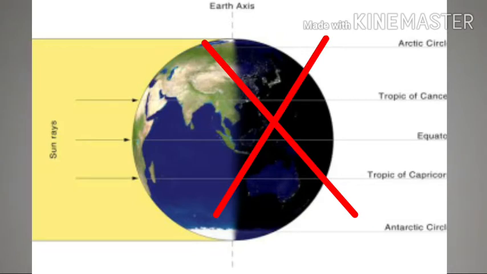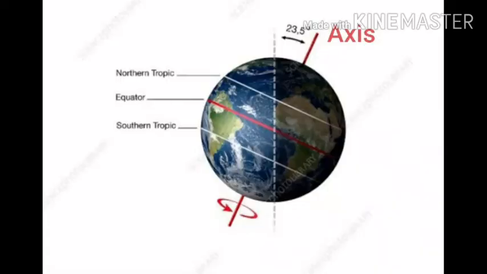The axis of the Earth is not straight like other objects, and it is an interesting fact about the Earth's axis. The axis of the Earth is actually tilted at an angle of 23 and a half degrees.